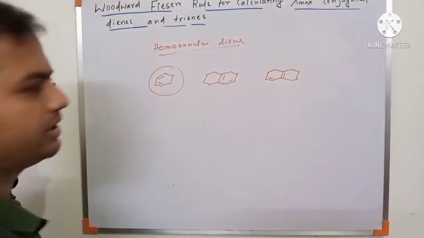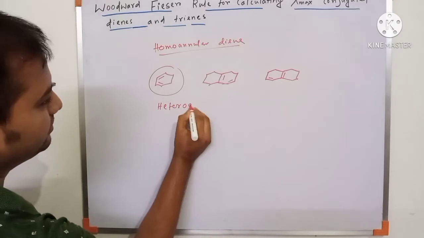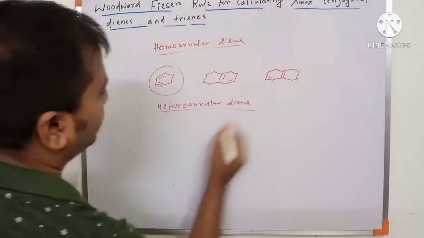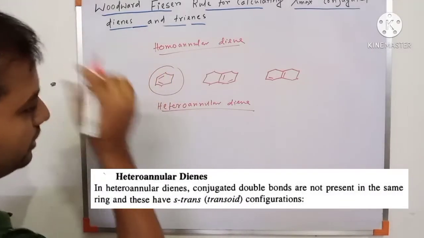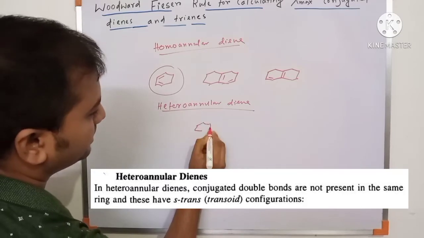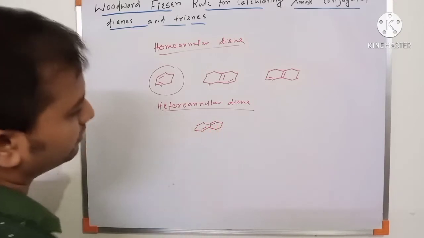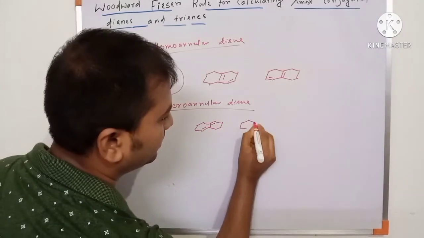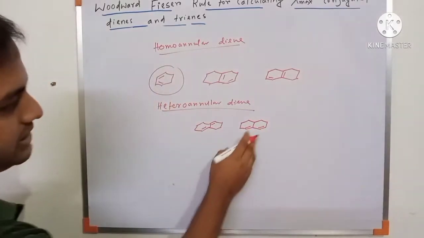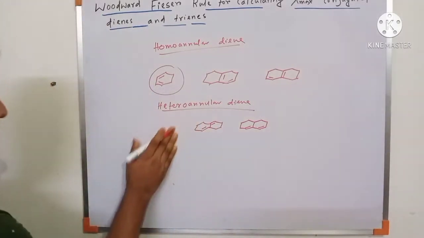This is also homoannular diene, etc. And heteroannular diene: the conjugated double bonds are not present in the same ring. For example, in two benzene rings, this double bond is not present in the same ring. This is heteroannular diene.